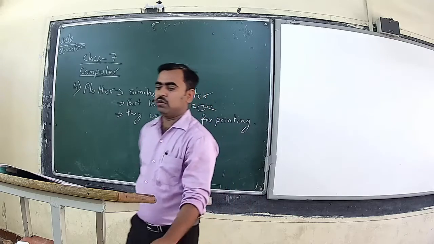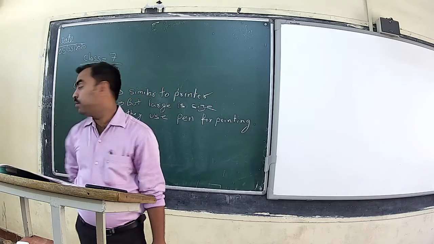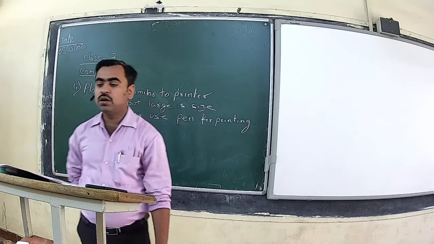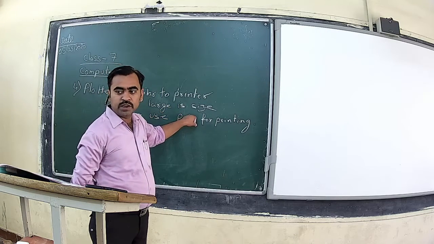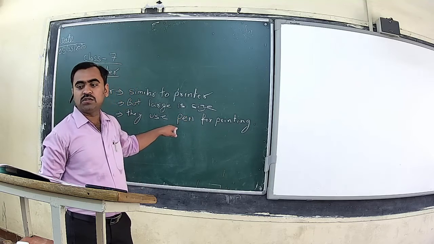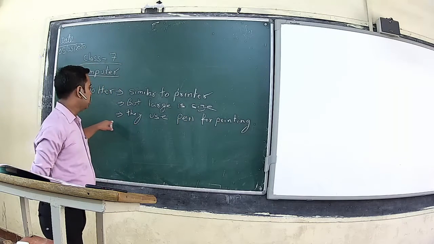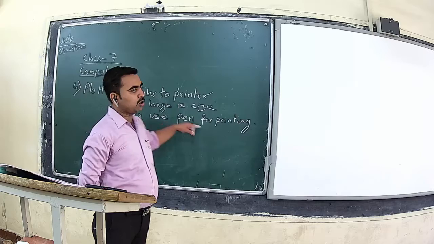The plotters are also similar to the printers, but they are bigger, or large in size in comparison to the printer, and the plotters use the pen for the printing. Now, how are the plotters different from the printer?